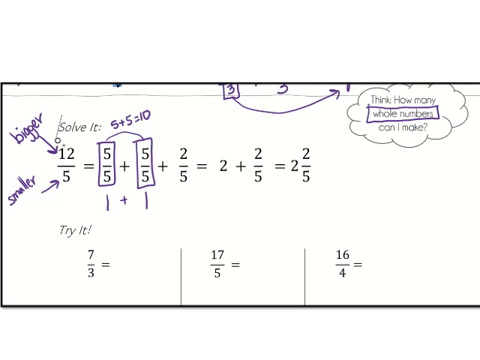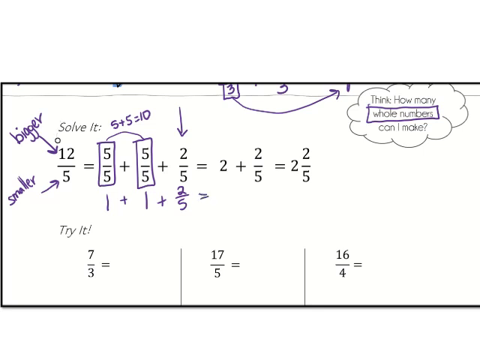I don't have enough to make another group of 5/5. If I've used up 10, I have 2 left over, and that's where we get this one. It isn't enough to make another group of 5/5, so I'm not going to box it. So I have one group of 5/5, another group of 5/5, and then 2/5 left over. 1 plus 1 plus 2/5.